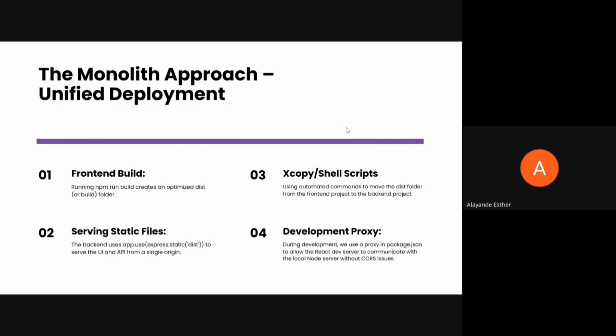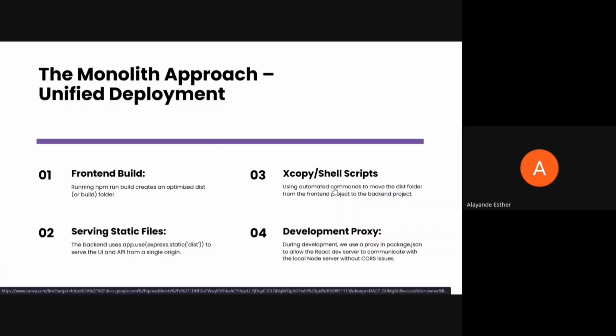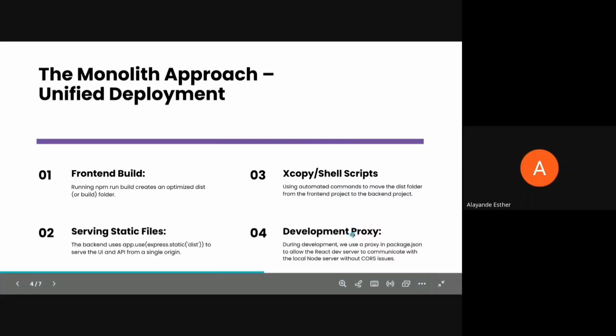And it's basically done using four steps: running the front end build, and also serving the static files using app.use. Like I said earlier, the middleware uses app.use, which is used to serve the UI and the API from the backend. And also the third is to copy your front end to the backend and deploy. So it's an easy approach, which I learned.